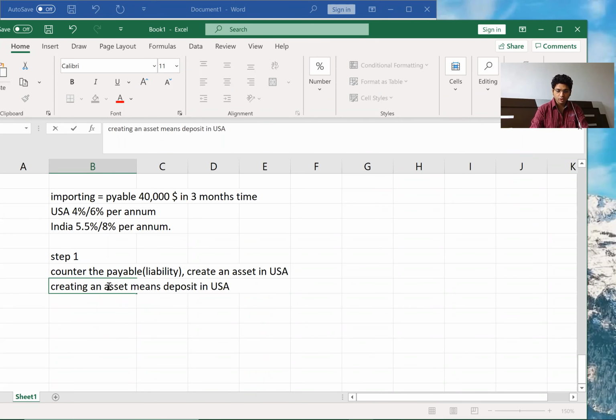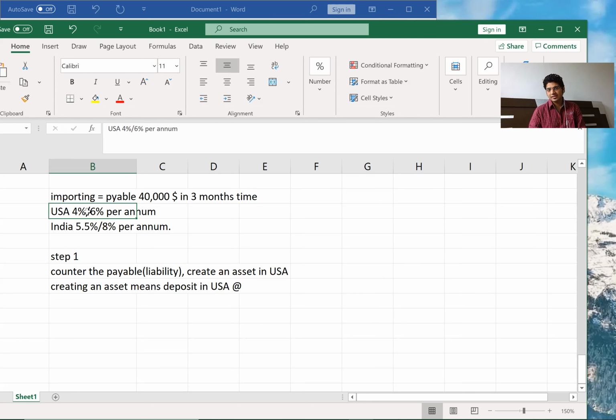So we have to use the US deposit rate. Rates are given for USA as well as for India. Now two rates are given, 4%/6%. We always know that the bank is the winner. If you borrow money from the bank, you borrow at a higher rate. If you deposit money with the bank, you deposit at a lower rate.